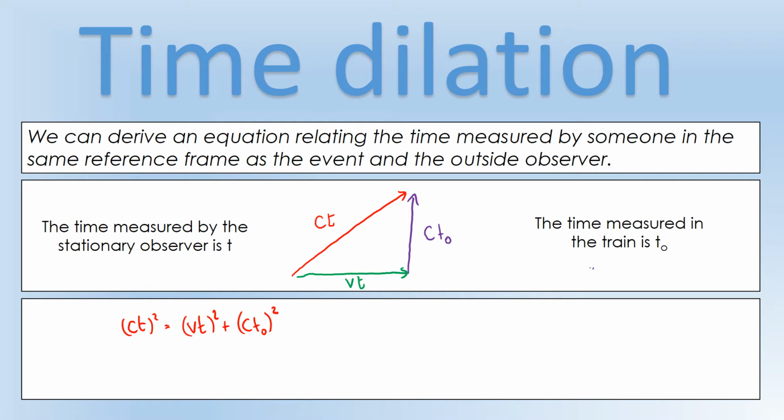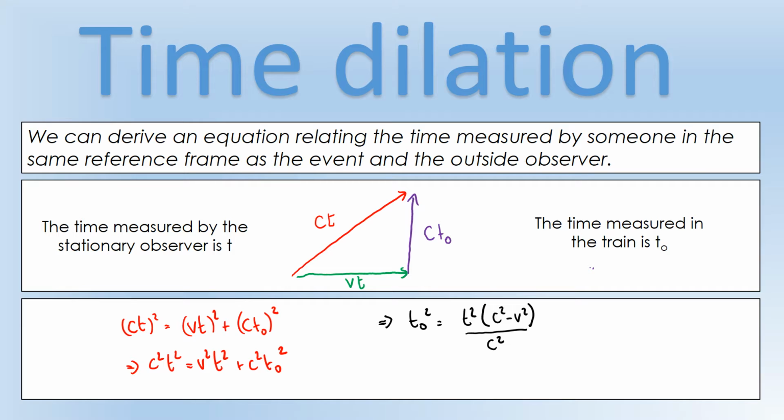This is why it was important that we had the person shining the light vertically upwards and downwards, because then we've constructed this right-angled triangle. Then we can multiply out the brackets and squaring, and I'm going to collect together the t terms on one side and the t0 terms on the other. That's what I've done between the red and the black.